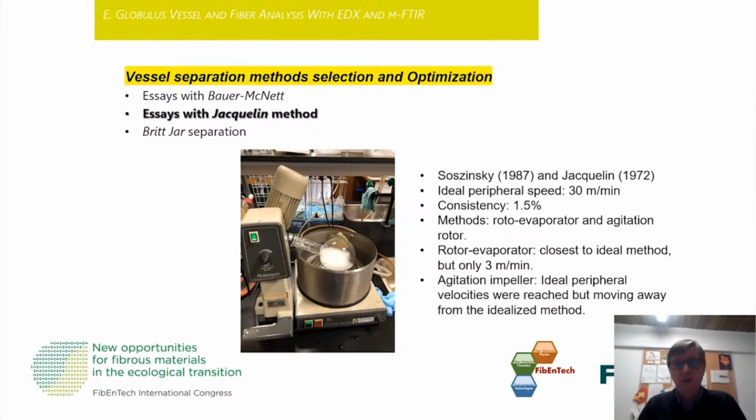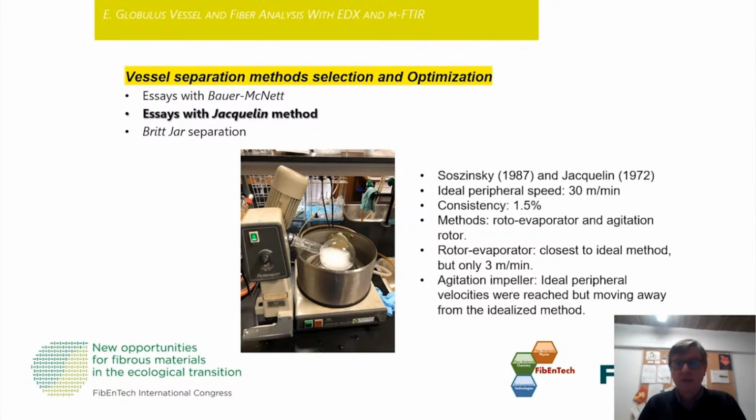The Jayme method was devised by Jayme in 1972 and was theoretically expanded by Sozinski in 1987. The principle is the rotation that causes flocculation, and the fibers and vessels are kept out of the flocks and concentrate out of the flocks.